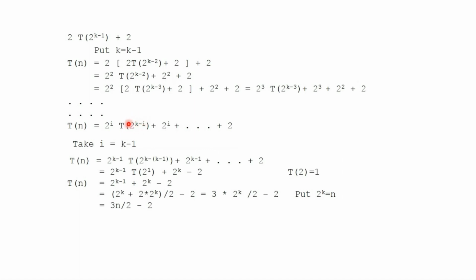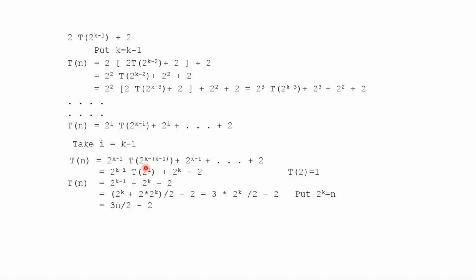So let us try to get this as T of 2. For what value of i do we get this as T of 2? When we take i is equal to k minus 1. So 2 to the power of k minus 1 into T of 2 to the power k minus k minus 1. So minus k plus k gets cancelled, and we are left with 2 to the power of 1, plus 2 to the power of k minus 1, and so on until 2. So what is T of 2 to the power of 1?